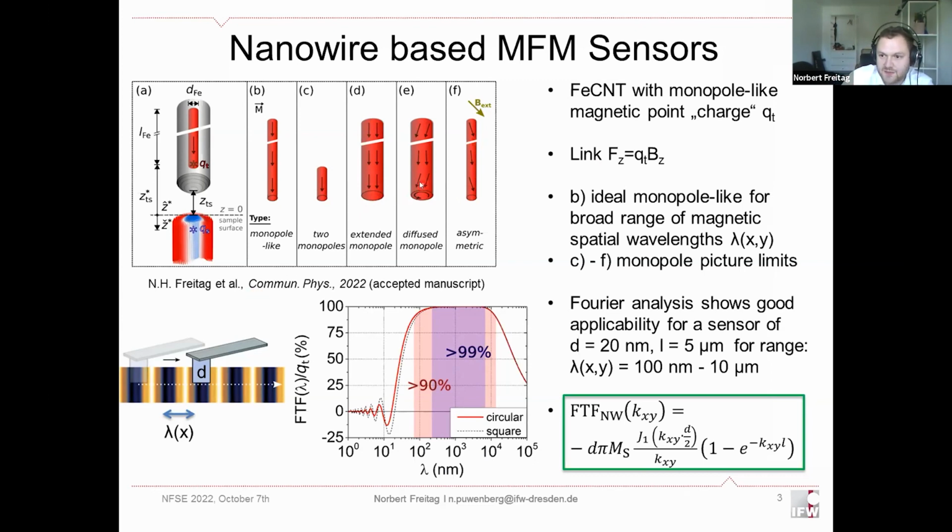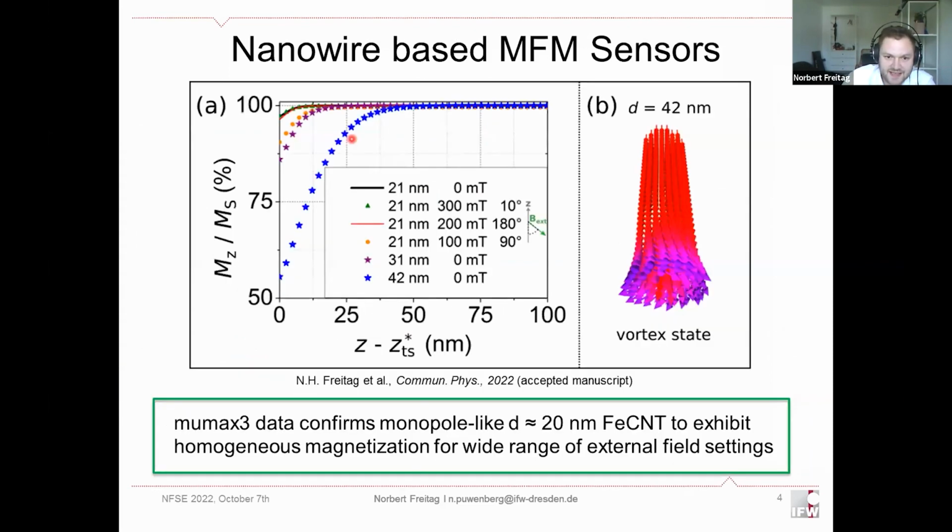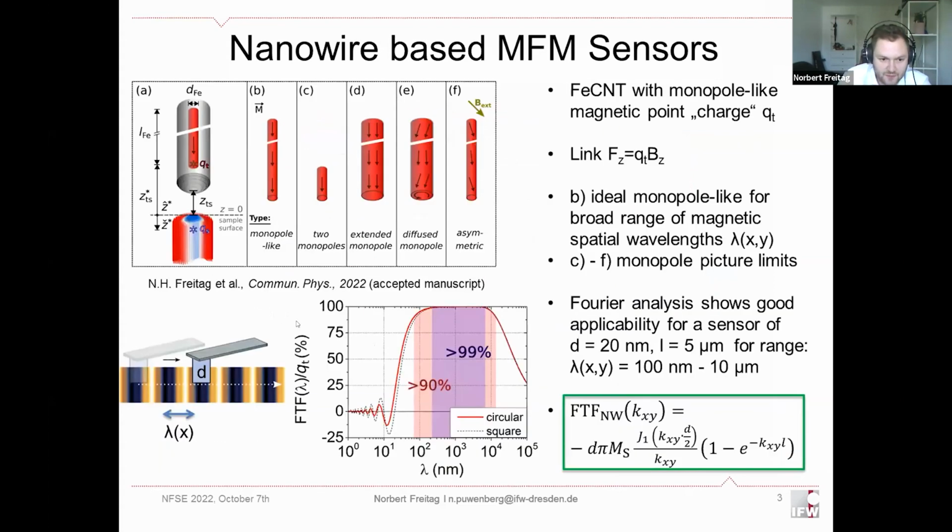And we check this with micromagnetic simulations, in the next slide here. For a 20 nanometer cross section, we have nice accordance and a nice homogeneous magnetization. So this is a nice probe. What we also checked is this 20 nanometer circular cross section, and here we see a magnetic pattern which is periodic in X direction.